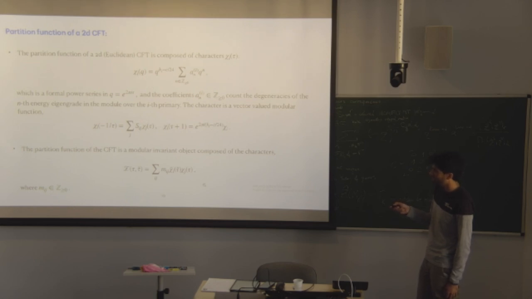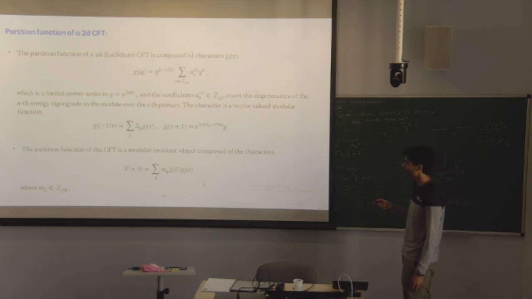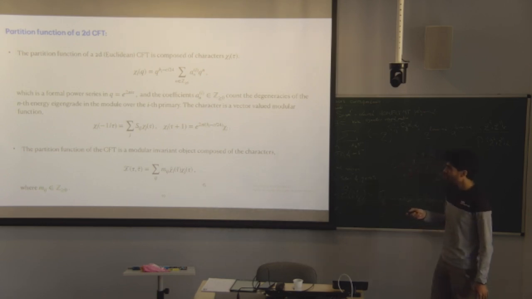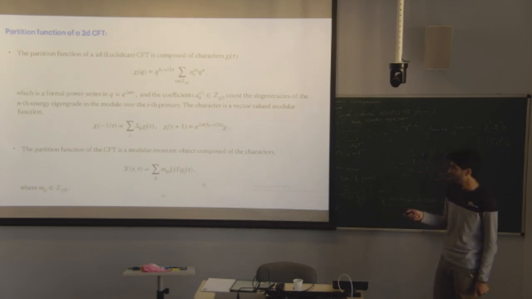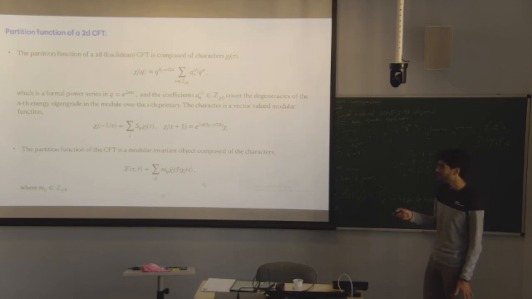So this is a theory dependent number that we get. So the partition function can be written in terms of these characters, which are the building blocks. So these Mij's are the corresponding coefficients for the characters, and these are all going to be positive because they tell you how many characters are there in your CFT. So how many modules of a particular kind are there in your CFT.